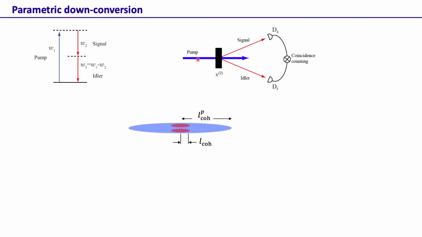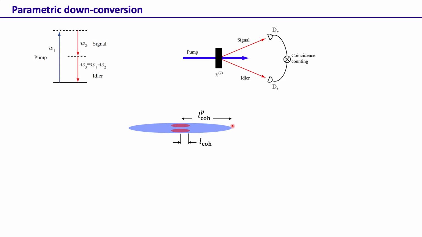Of course, after down conversion, the pump photon is no longer there. We represent it like this because most of the photons are not down converted in an experimental setup, but the two photons that are produced came from a photon that is no longer here.